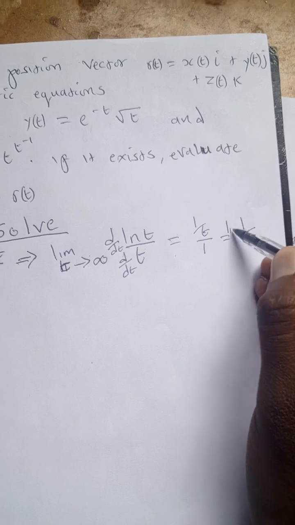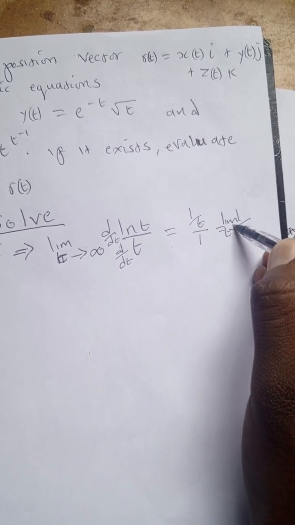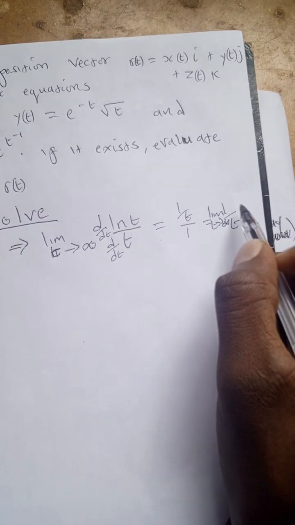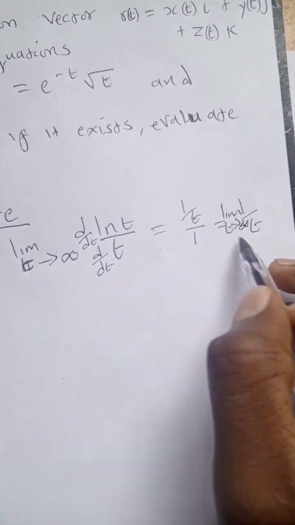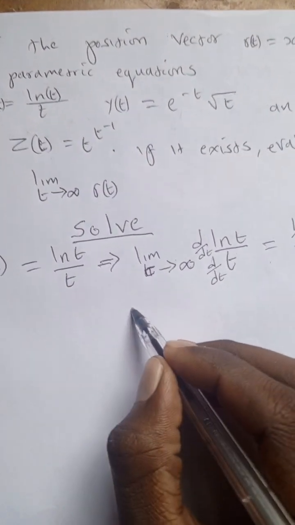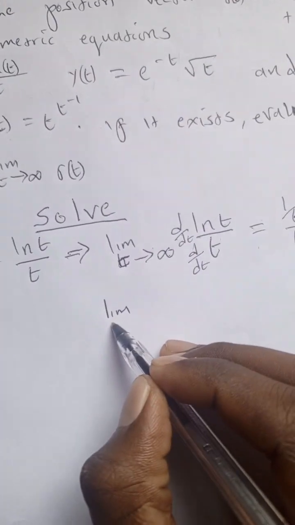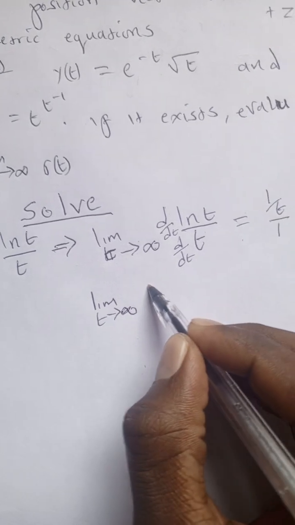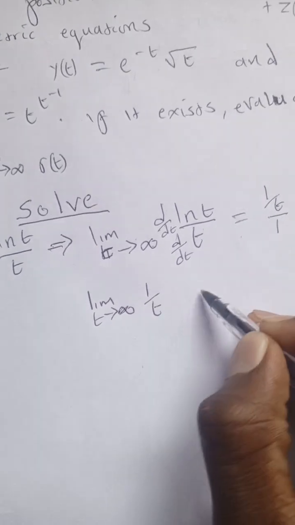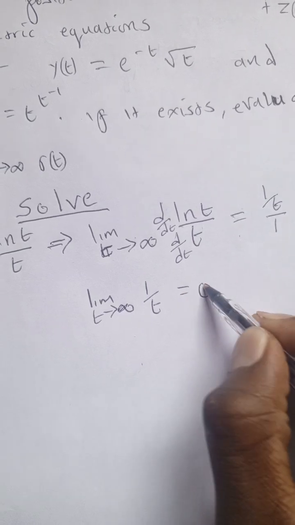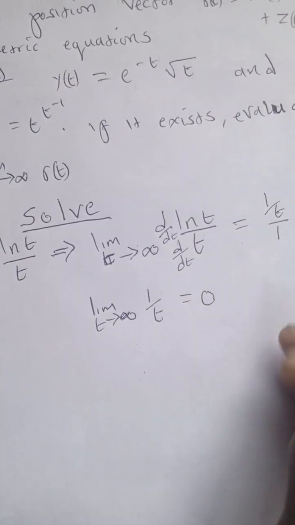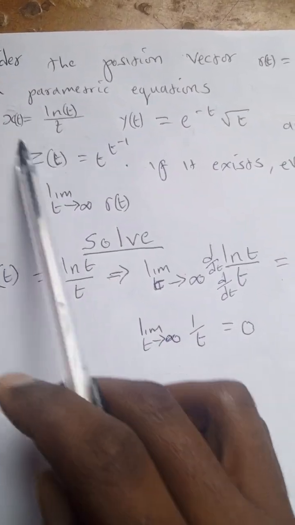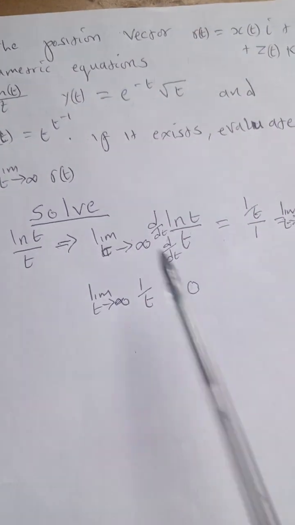The limit as t approaches infinity for 1 over t is 0. So for the first parameter, x(t), our answer is 0.